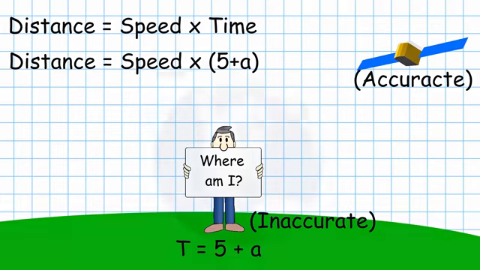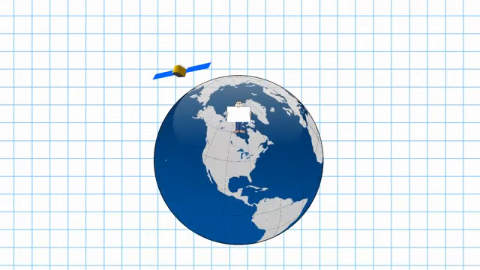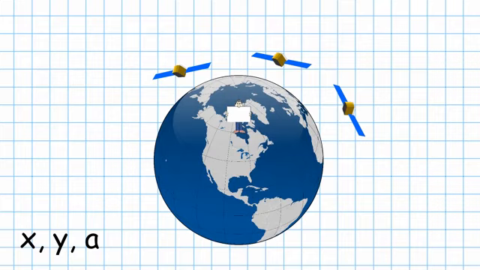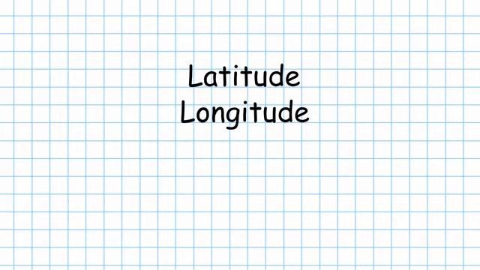With the additional unknown, it's no longer possible to find our position using only 2 satellites. 2 satellites worked when we needed to solve for 2 unknowns, our x and our y coordinate. Now that we have 3 unknowns, x, y and alpha, we need 3 satellites to solve the required equations. Of course, we've only been working in 2 dimensions so far. In real life, there is an additional dimension.